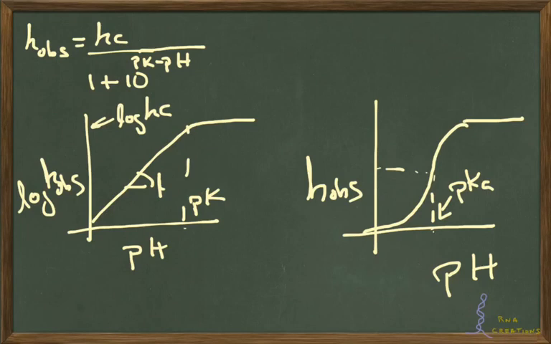And so some of our colleagues, like David Lilly as an example, never take the log. And if you take his data and you take the log of it, it doesn't look like this beautiful classical form over here. It looks more like the one that I had up a little while ago, where the log k-obs versus pH also looks sigmoidal.